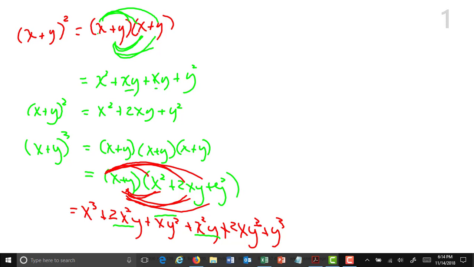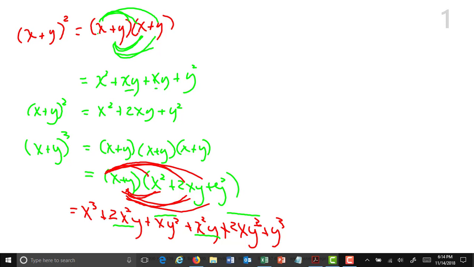And here I have another x squared y animal, 2 of them. That would be this guy. That's xy squared, yeah. There's 2 xy squared, and then I have y cubed. Oh, but look, this term goes together, right? And there is no other y cubed, right?